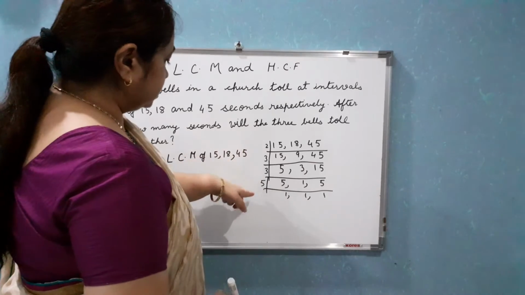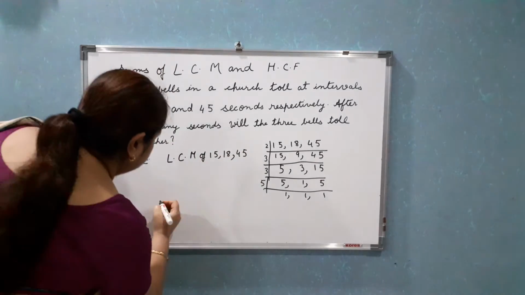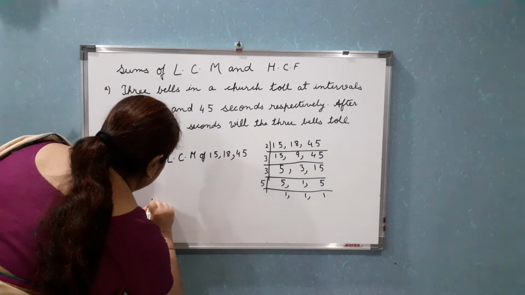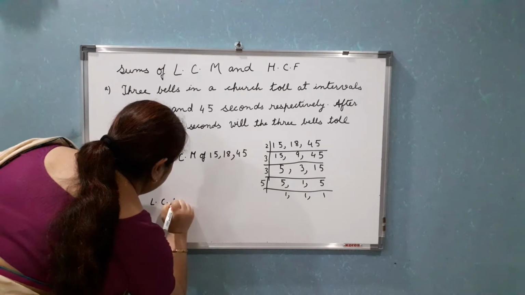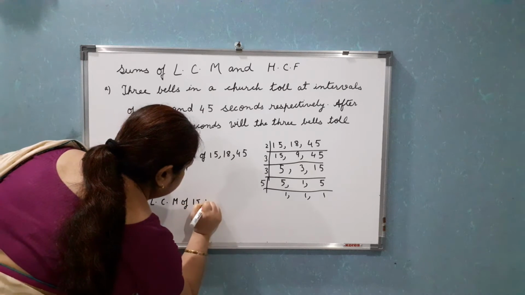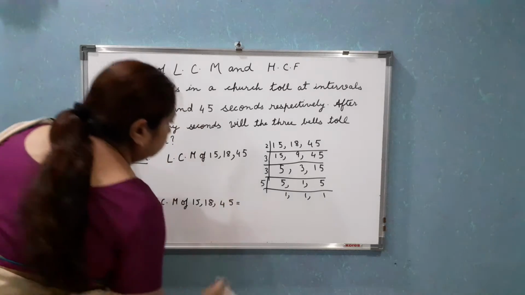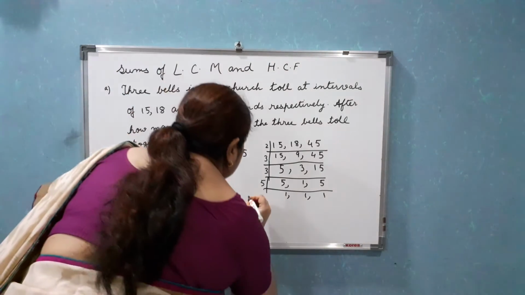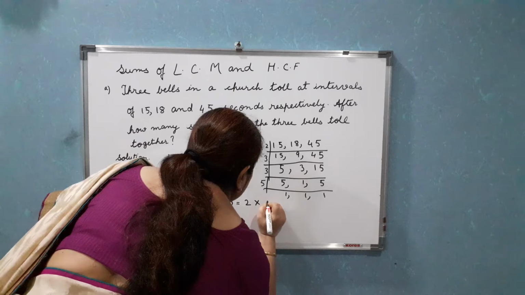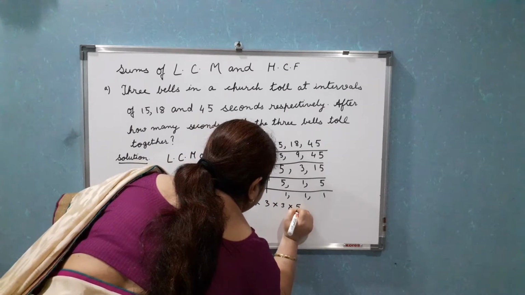So just LCM of 15, 18 and 45 equal to how much? 2 into 3 into 3 into 5.